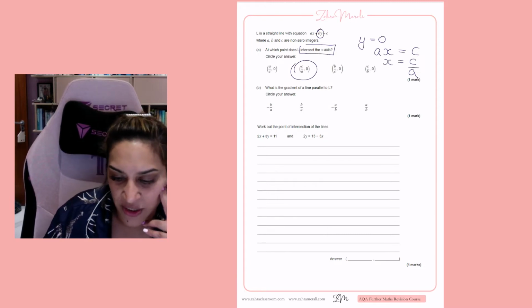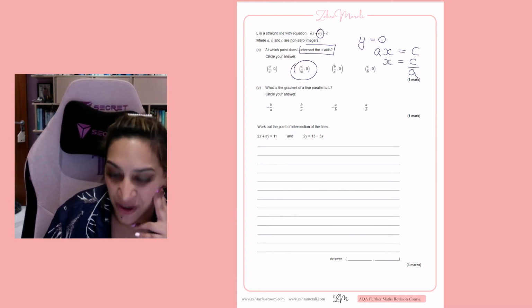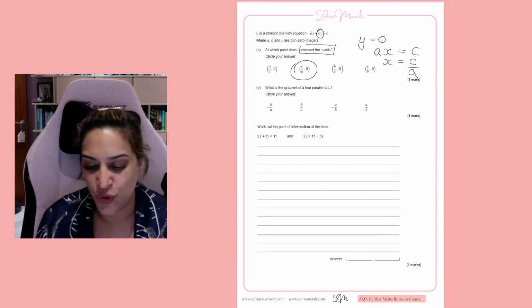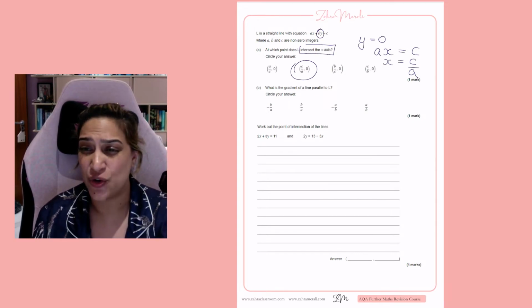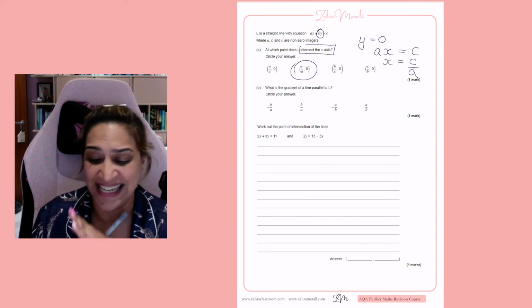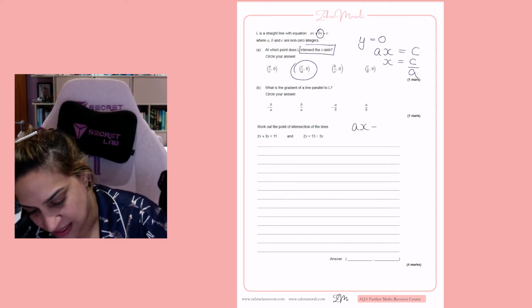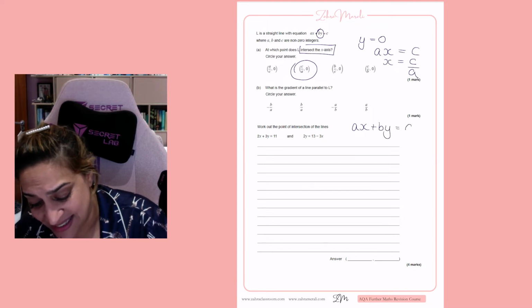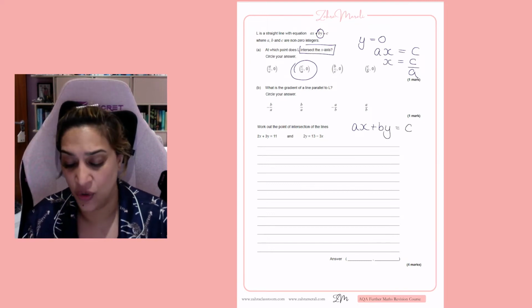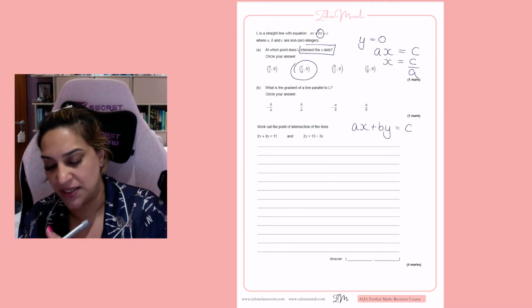Right. What is the gradient of a line parallel? Okay, when two things are parallel, their gradient is exactly the same. So if we have this, I can't see what the gradient is yet because I need it to be y equals mx plus c.